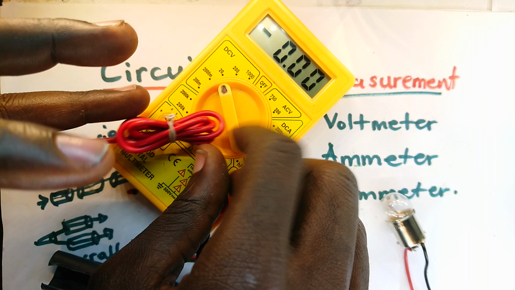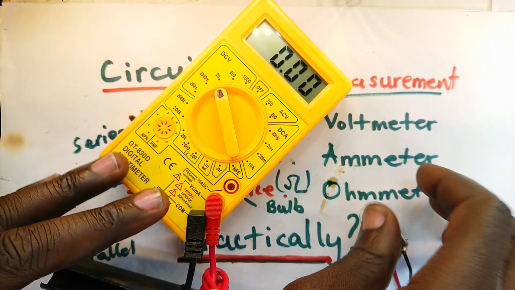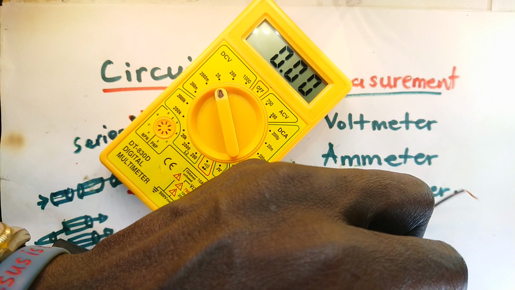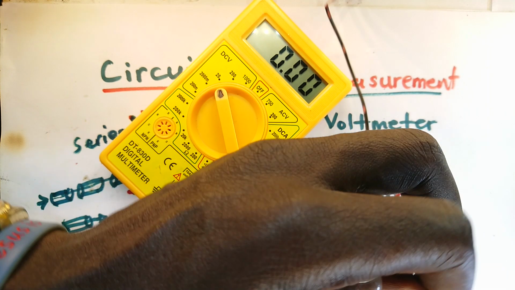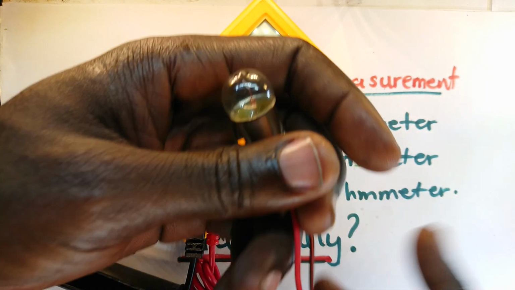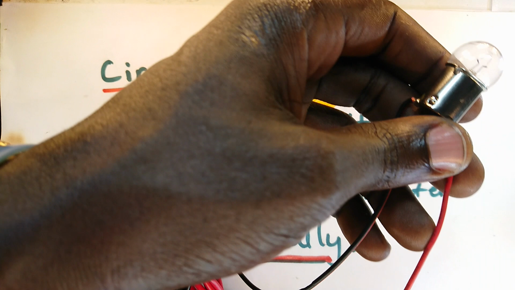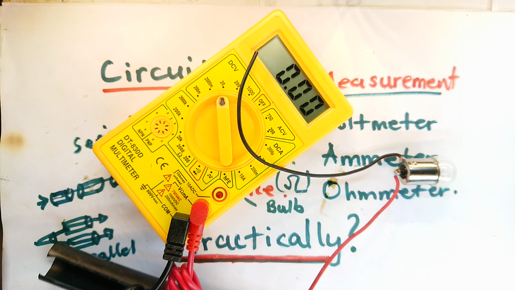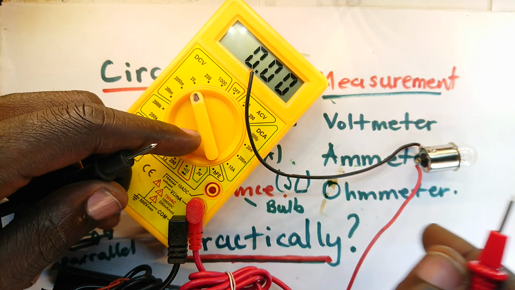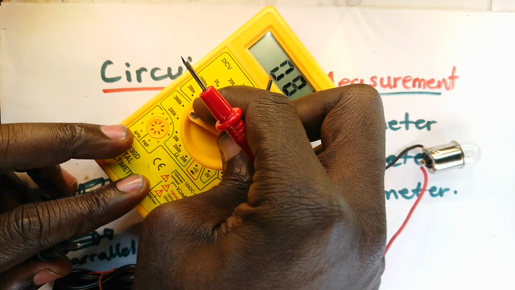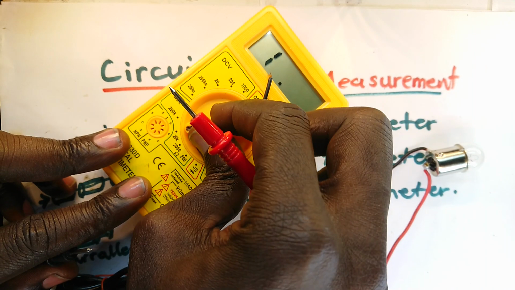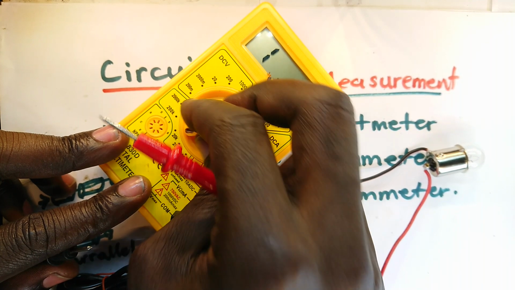So let's begin with that and confirm the resistance of this thing. Also, when you're measuring resistance, just like voltage, you connect it across what you're measuring, in other words in parallel, side by side. So I need to set it to resistance, where I can choose any range.